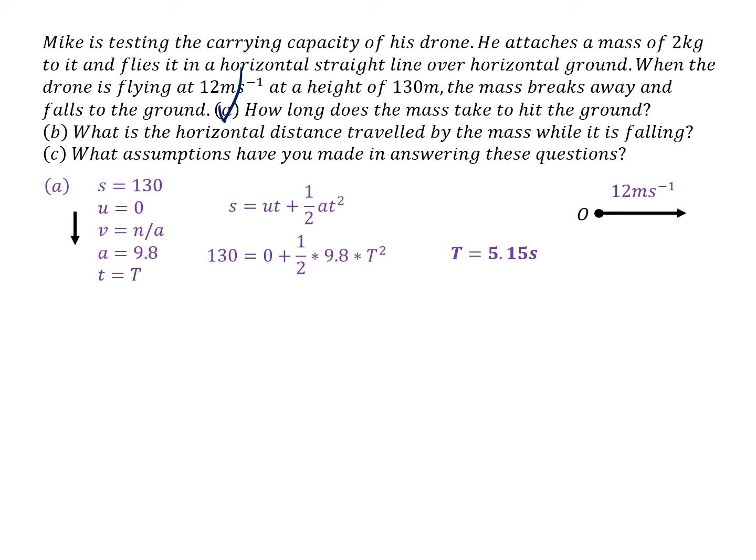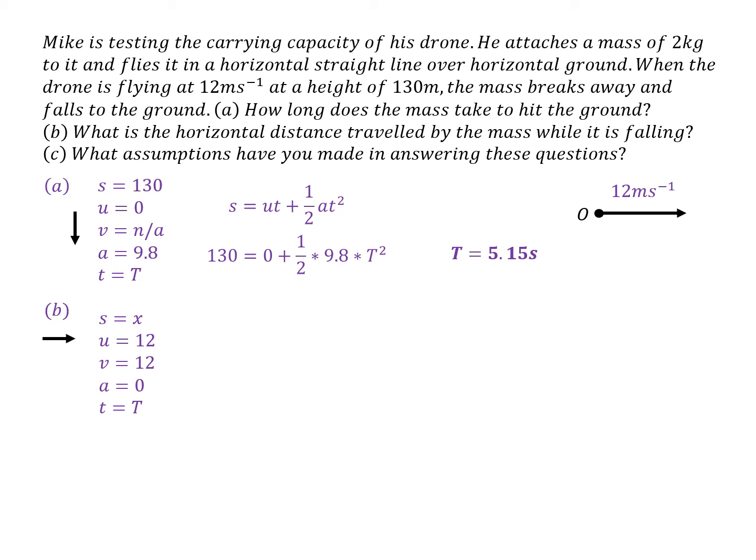Now we need to look at the horizontal distance travelled by the mass while it's falling. So for this we're going to look at the horizontal direction. And horizontally the acceleration is 0. So I don't actually need to use SUVAT for this one.